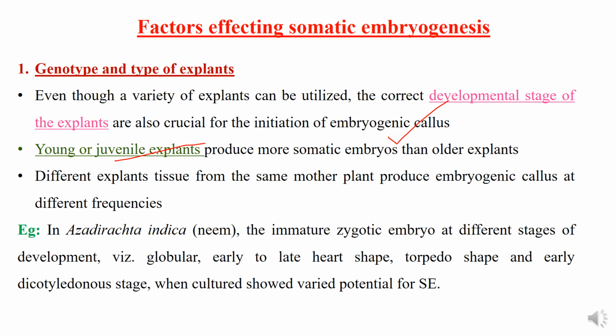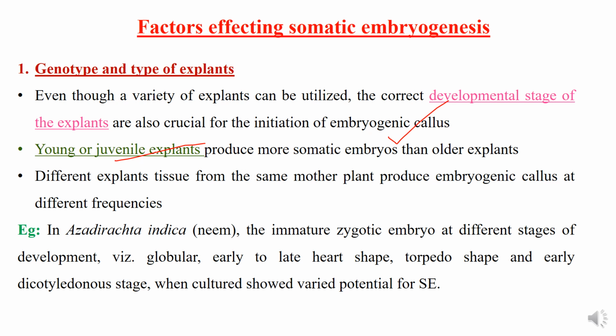If we take the example of Azadirachta indica, the neem tree, the immature zygotic embryos at different stages of development like globular, early to late heart shape, torpedo shape and early dicotyledonous stage, when cultured showed varied potential for somatic embryos. So this is direct embryogenesis.